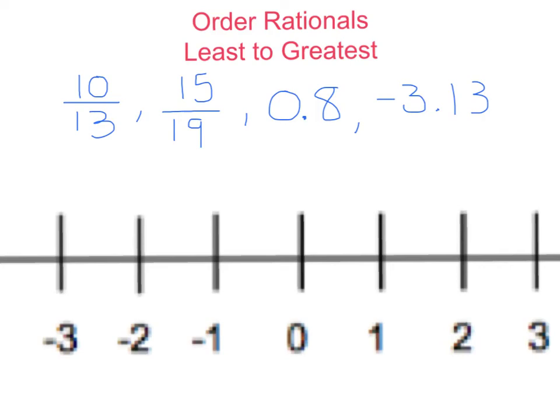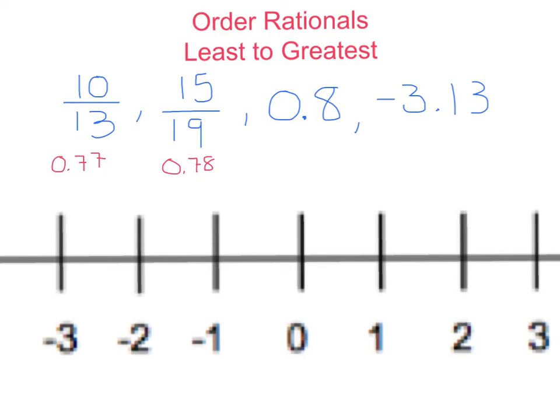So now we just have 4 different rational numbers that we want to order least to greatest, or smallest to largest. And I would say the easiest way to do this is to change all of your numbers to decimals. So 2 of them are already decimals, let's change the other 2. Let's place these numbers on our number line and then order them smallest to largest.